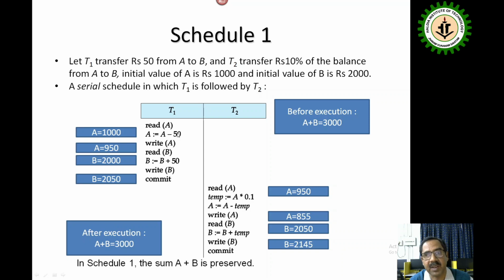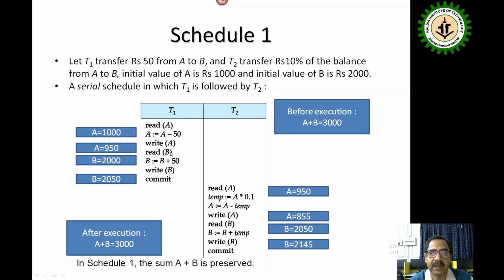So A equals A minus 50, write A. What will be the value of A? 1000 minus 50, so 950. When you write A, the value of A is now 950. The initial value of A is 1000, which is read by T1. After modification, T1 writes, updates the value of A, which is now 950.